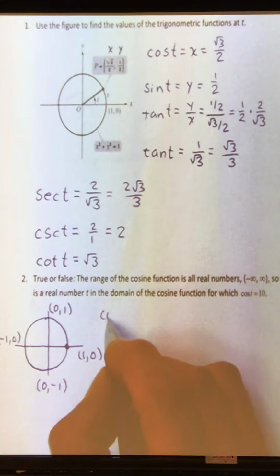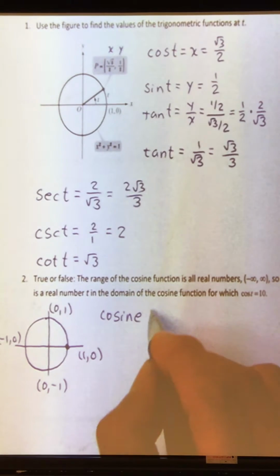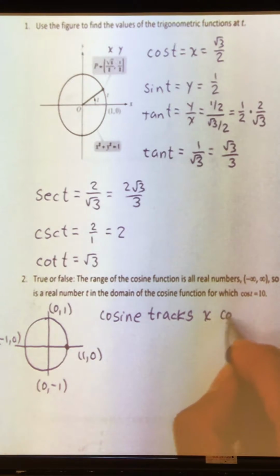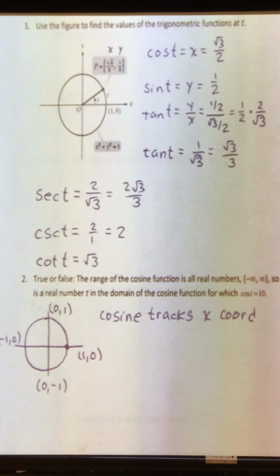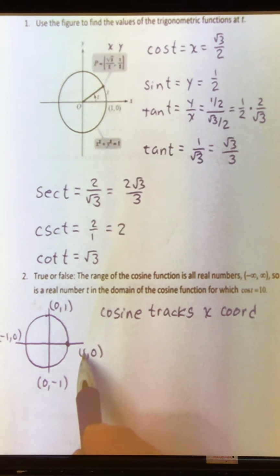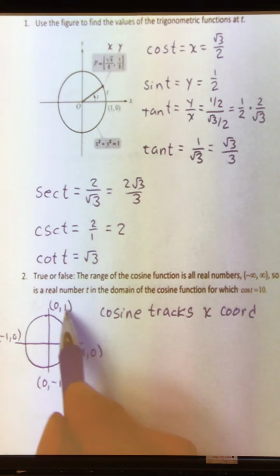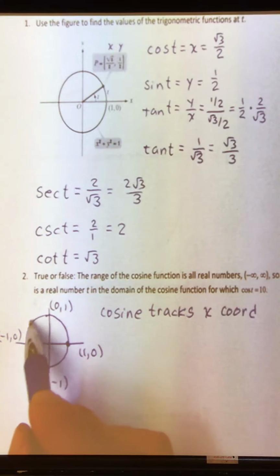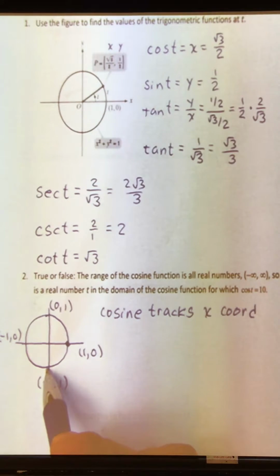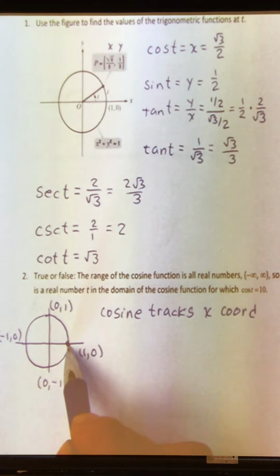Now, cosine always tracks the x-coordinate of the point going around the circle. So take a look: the x-coordinate is 1, and then it decreases to 0, and then it decreases more to -1, then it increases back to 0, and keeps increasing back to 1.